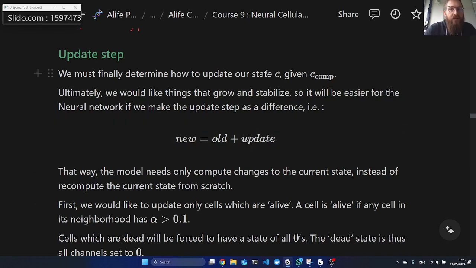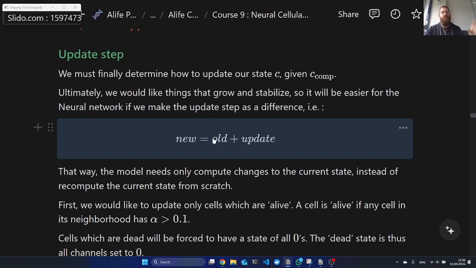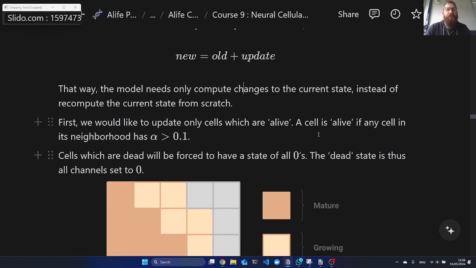So in this update step, we'll use the computation output to update our state. Since we want things to grow and stabilize and be smooth, it will be easier to get the new state as a function of the old state plus a small update. In this way, instead of the model needing to compute exactly which color it should be next, it just has to compute how much to change its color, which is usually more stable.